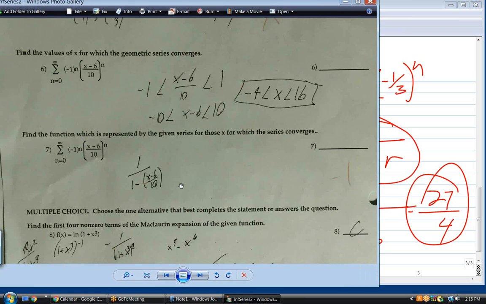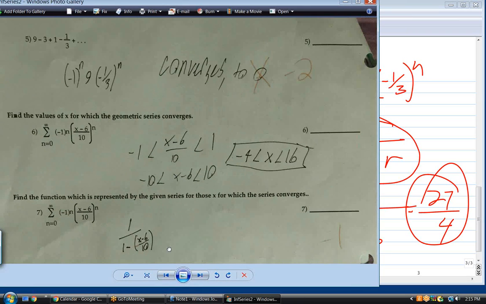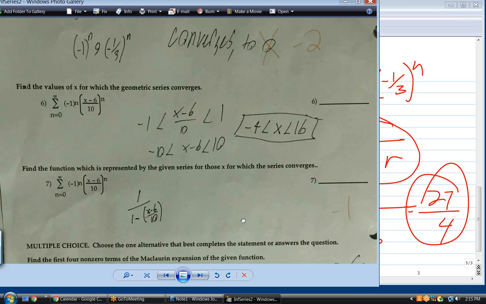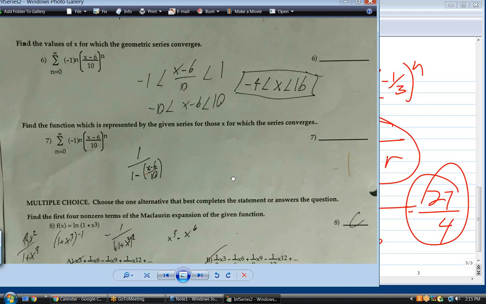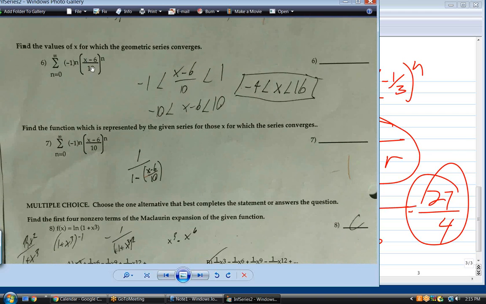All right, let's see. Number 6. You correctly decided that the absolute value of what's inside the parentheses has to be less than 1, which translates to that inequality, and you solved it correctly.